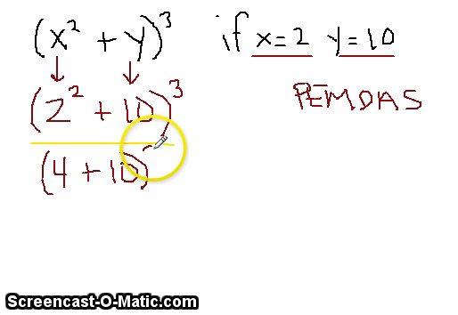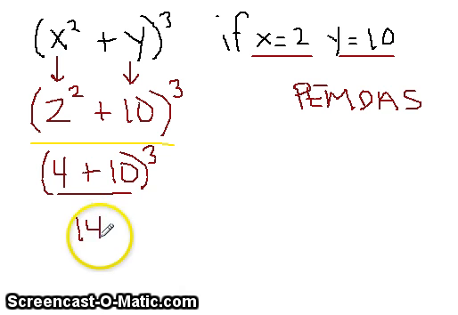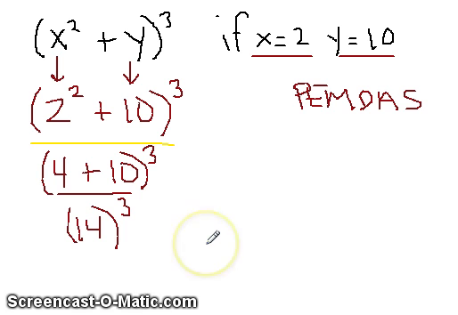And then my next step inside parentheses is to add the 4 and the 10. So I end up with 14 inside parentheses. And then after that, I only really have one operation left. So you could leave those parentheses out if you want, since it's just a number, but I'm going to leave them there for now. And we end up with 14 to the third power.